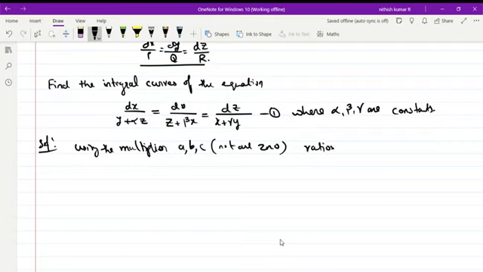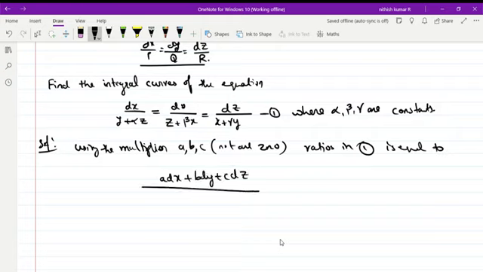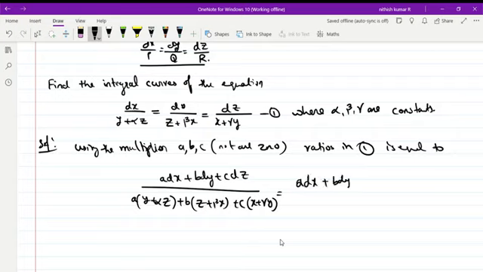The ratios in 1 are equal to a dx plus b dy plus c dz divided by a into y plus alpha z plus b into z plus beta x plus c into x plus gamma y. Now this is equal to a dx plus b dy plus c dz.